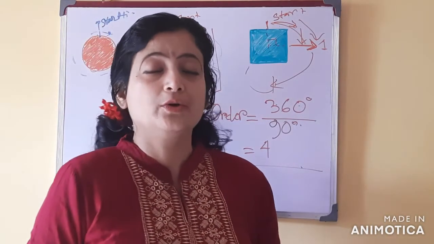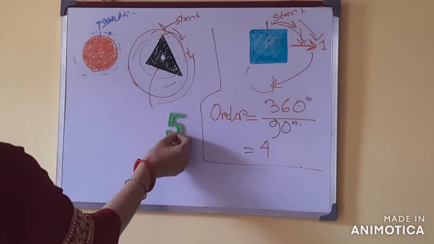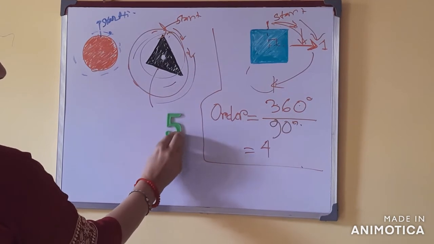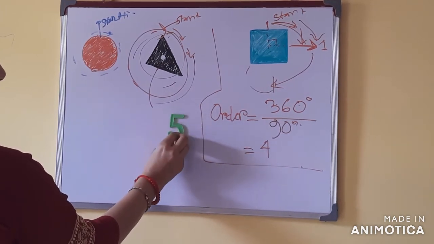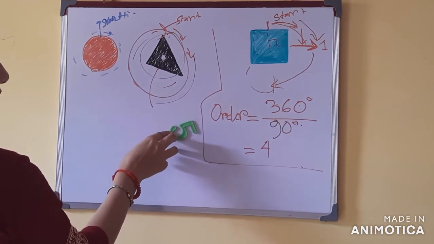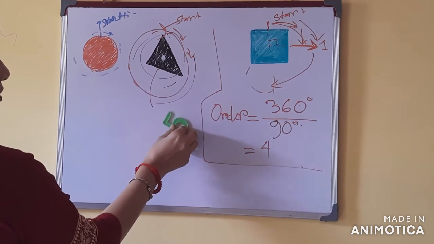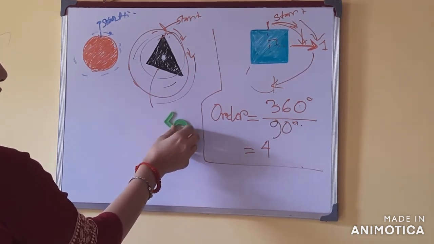In some cases we will not get rotational symmetry. Just like in the case of the number 5. Say it is the number 5, here is the straight line, here is the curved line, here is the straight line, and this position like this. When I am rotating, I am not getting any position before 360 degrees where the orientation is the same as the original one.